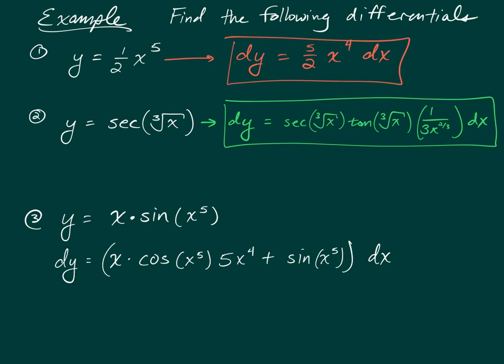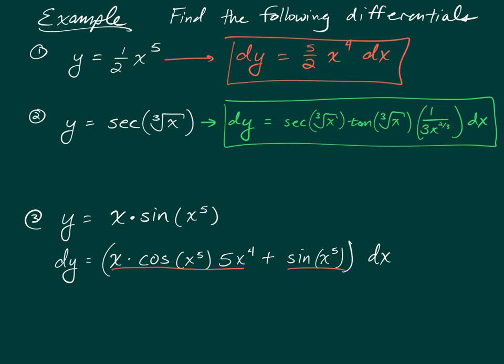Now I didn't use any parentheses around the 5/2 x to the 4th here, nor did I even use any parentheses around all of this trig stuff here. And that's because that was all one term. Since there was more than one term here, here's one term, here's another, I had to put parentheses around the entire side.